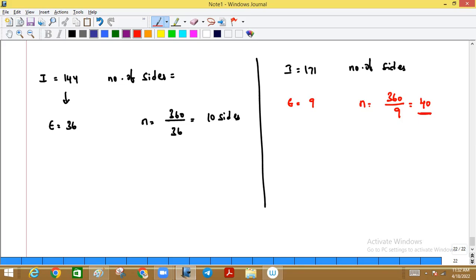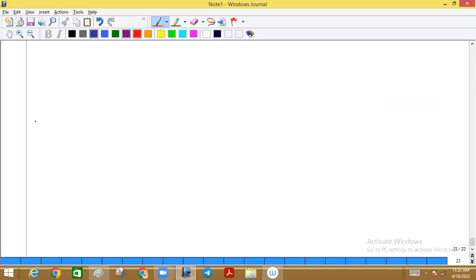If I give you an interior angle, you should be able to tell me first the exterior angle, then the number of sides. If number of sides is 30, what is each interior angle? First, in your mind, what is the exterior angle? 360 divided by what? If n is equal to 30, then what is I?